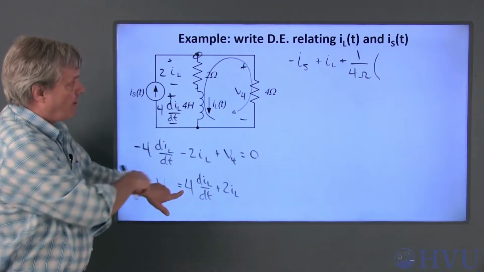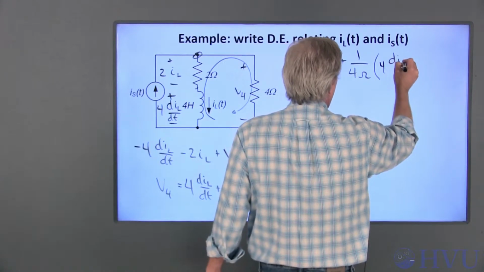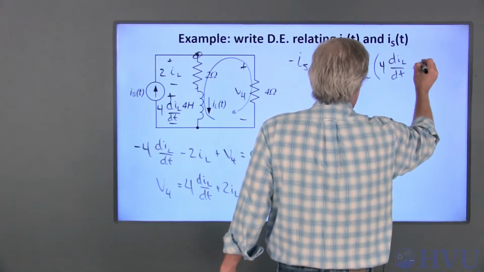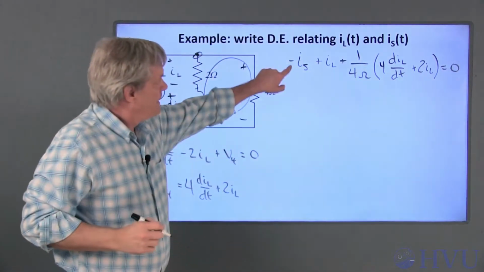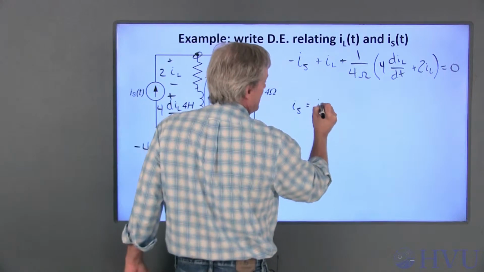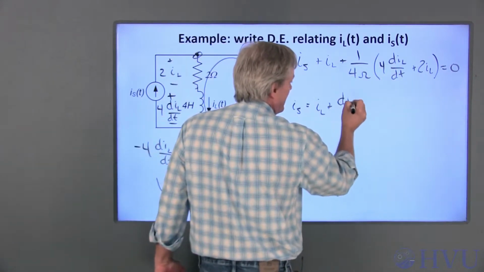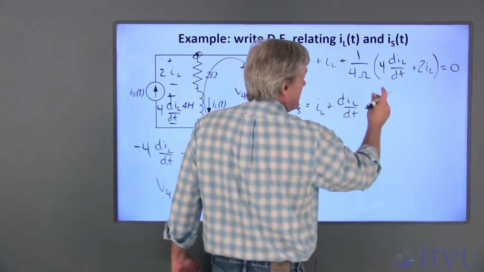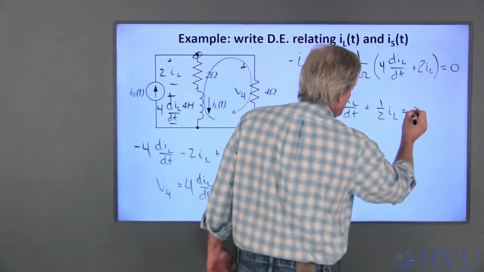Now the current that I want over here is 1 over 4 ohms times 4 dIL/dt plus 2IL. That sums to 0. Doing the math, I get IS is equal to IL plus 4 divided by 4 is 1, dIL/dt, plus 2 over 4 is 1/2, IL is equal to 0.